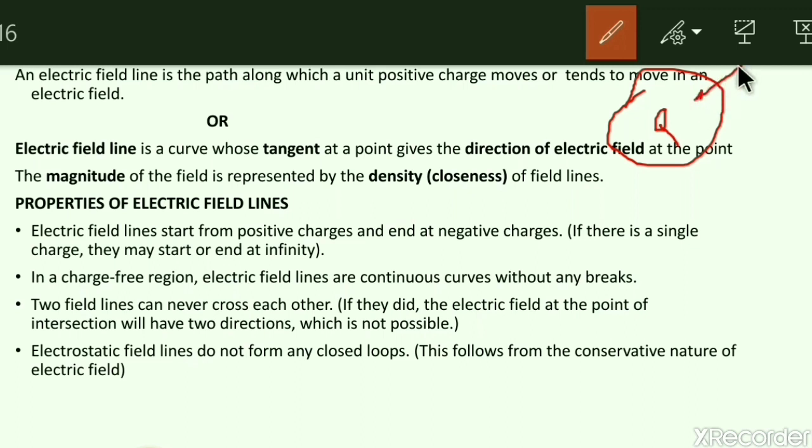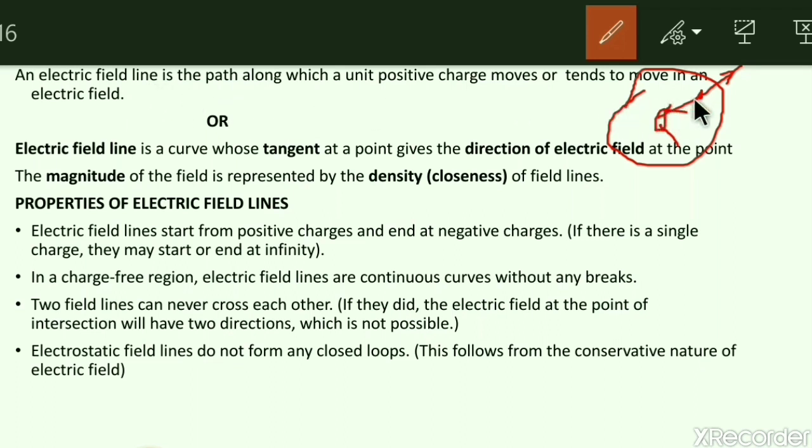It can move in this direction or in this direction, that is either inwards or outwards. It depends on the nature of the source charge and the nature of this test charge which we have brought into the region of electric field. This path along which the charge moves is actually called an electric field line.